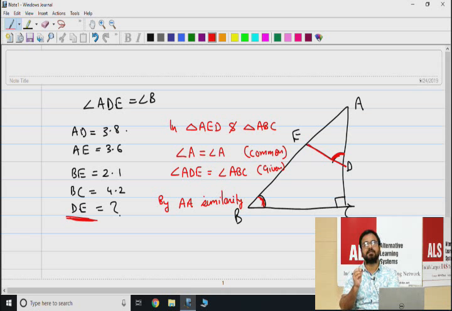Now the important thing is how we will write the names. The name of the first triangle you can write in any order, whatever you want. Let's say I have written AED. Now the name of the second triangle will be with respect to the first one.